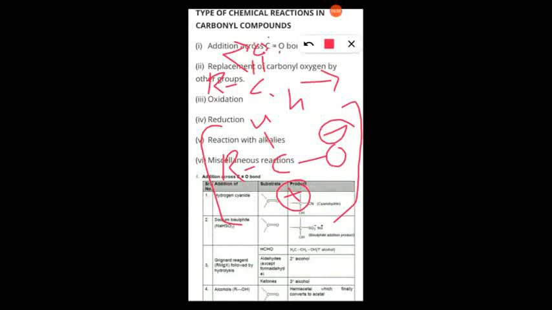Now when the reaction takes place on this carbonyl, what happened? First is the reaction with HCN. Now see HCN, in that H is positive, CN is negative. Now you will decide where this positive hydrogen will go, towards oxygen or towards carbon.